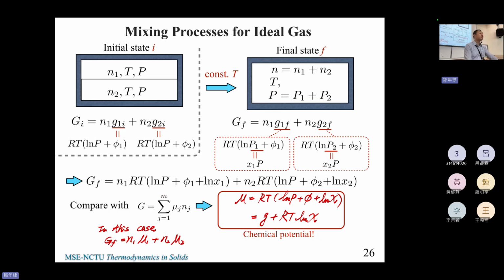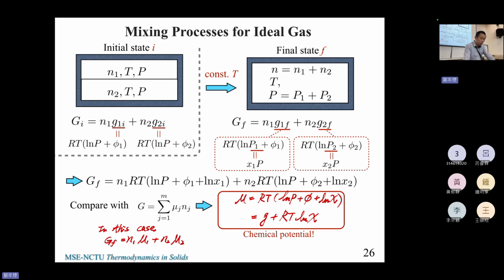So in this case, GF needs to be N1 mu1 plus N2 mu2. But now your GF equals these long things. So we can compare N1 mu1 with such long things, and N2 mu2 with such long things.